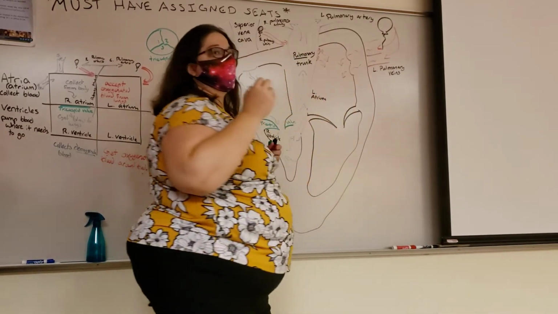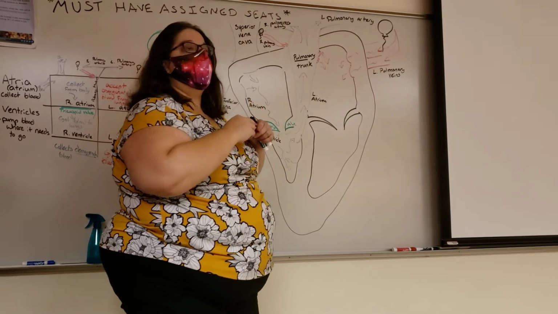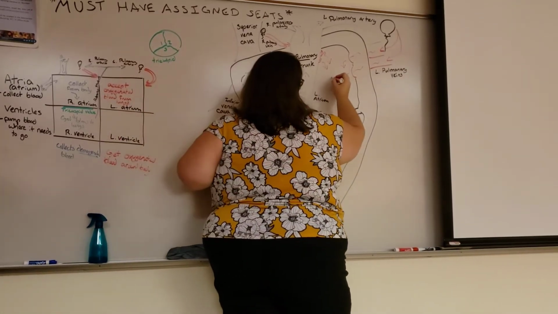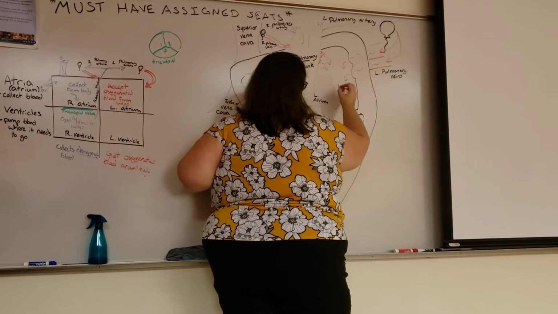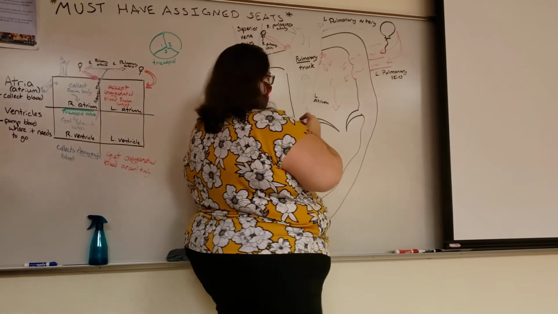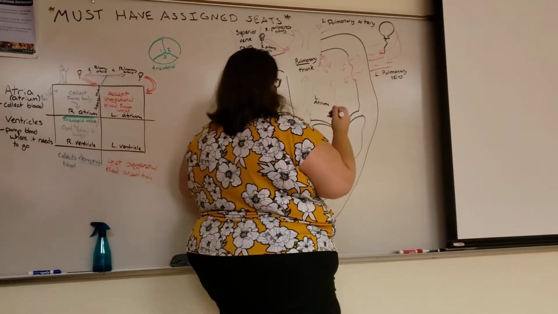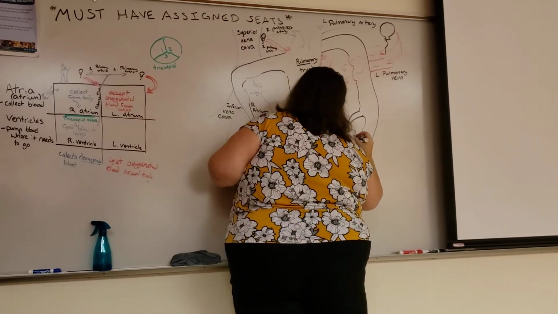So at this point, we have oxygenated blood from your lungs coming into your left atrium, and then once your left atrium is full, all of that blood is going to be pumped down into your left ventricle.